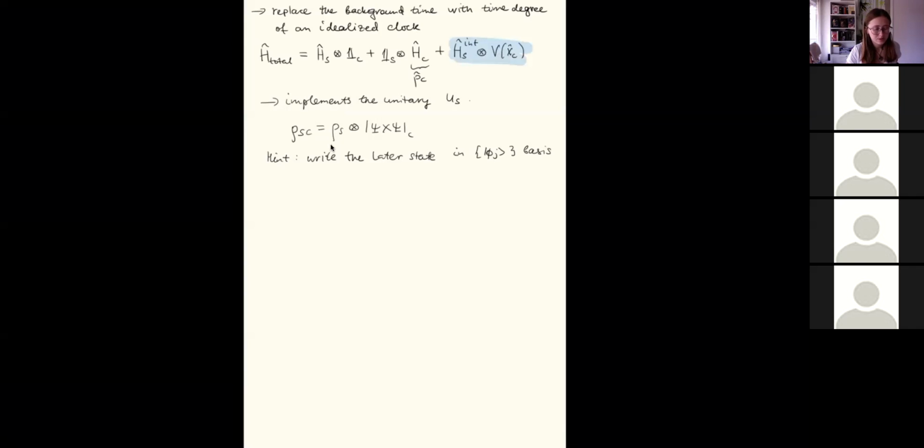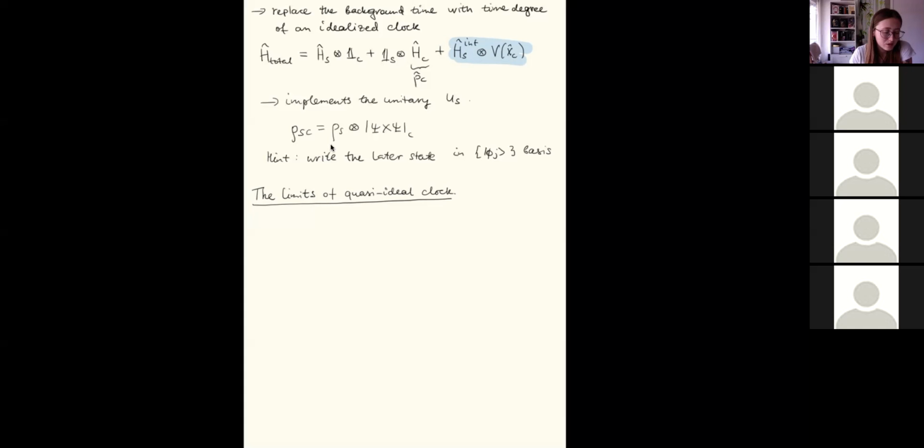Okay, and in the remaining time, I'll talk a bit about the quasi-ideal clock, and we'll take a look, at least quantitatively, at the limit of the quasi-ideal clock. The quasi-ideal clock is, as the name suggests, a quasi-ideal implementation of the idealized clock.